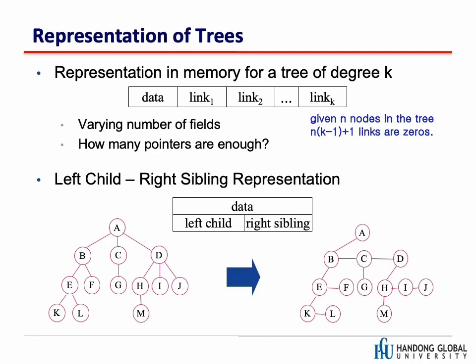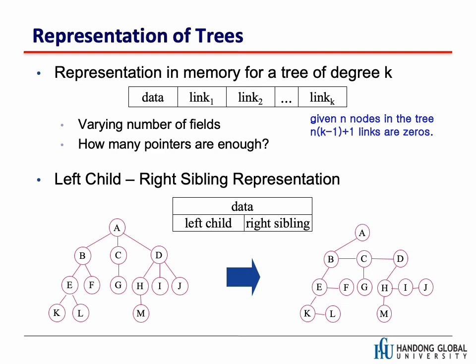And then the next issue, the left child, right sibling representation. Given this example on the left side, A has 3 children, B has 2, C has 1, and D has 3. If we have k children, that's not easy to represent one node with a structure.